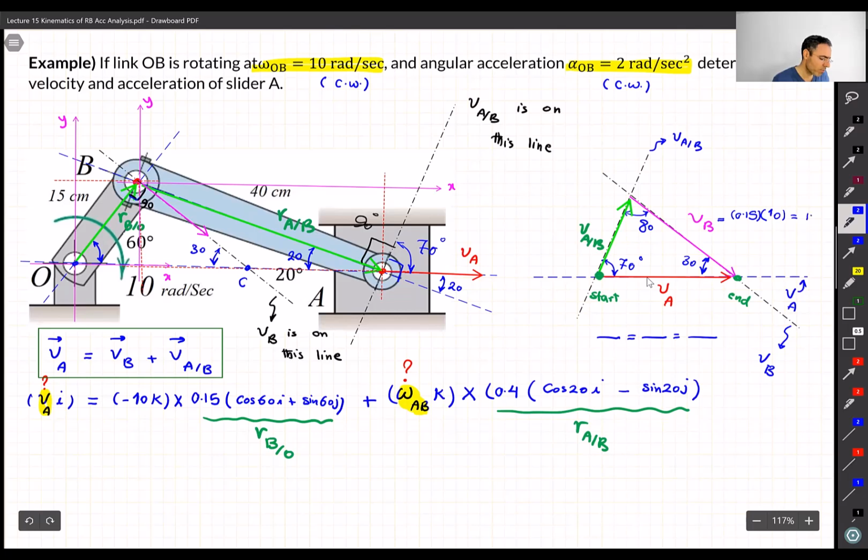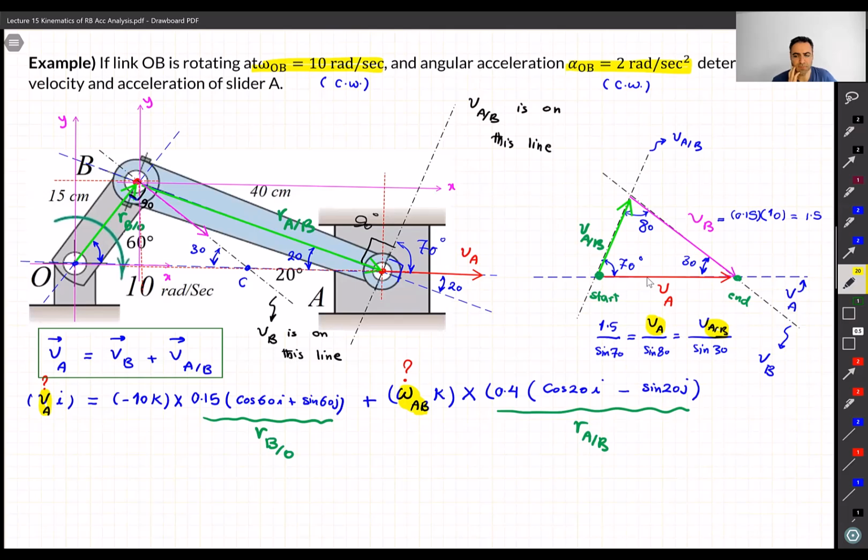So it gives me 1. So this is 1. VB is known, and VA and VA with respect to B we don't know, but we can find them. So this has to be sine 70, sine 80, and sine 30. And simply from this formula, we can find VA and VA with respect to B.